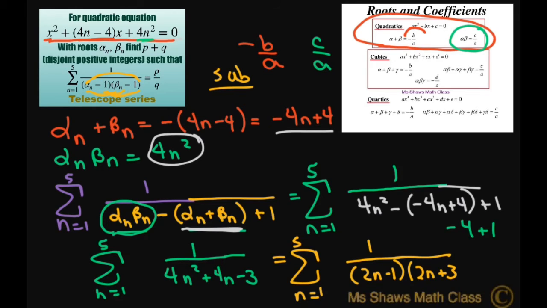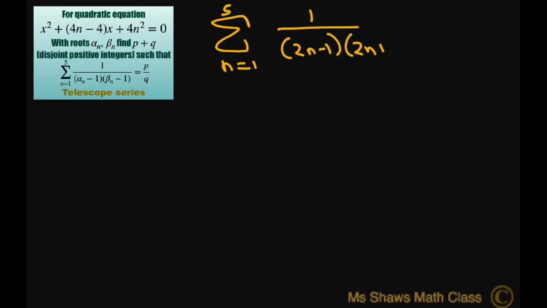All right, so what we want to do next is to break that up. So let me write it out again. The sum from n equals 1 to 5 of 1 divided by (2n minus 1) times (2n plus 3). And what we're going to do is split it up because this is a telescoping series. So breaking it up, do we need to break this one up?